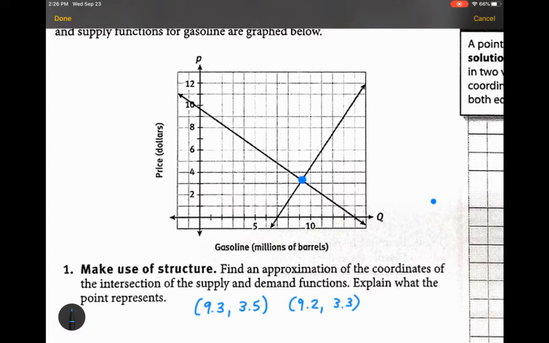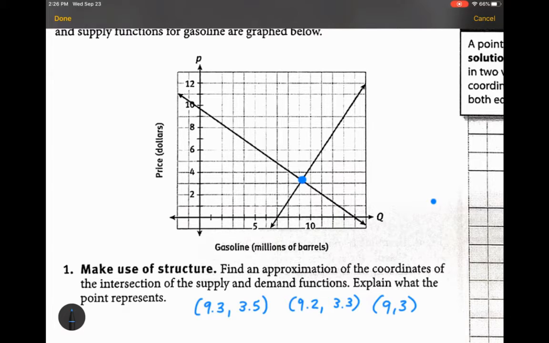Just did 9 and 3. Are these all right? Okay, so we're talking about an approximation in this case. Approximation is telling me I'm not going to have some exact answer. I'm approximating it. So for this one, any of these three answers would have worked.